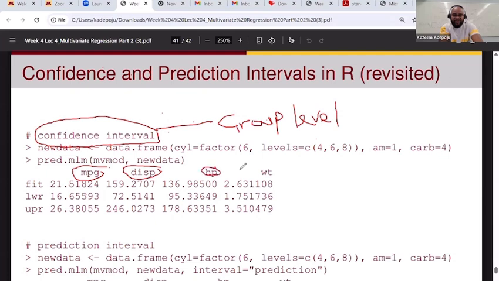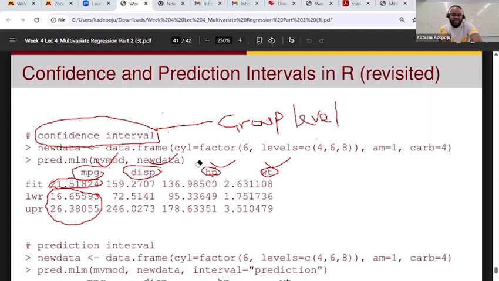You can see that for each of the response variables, this is a predicted value for the MPG, and this is going to be the interval, the lower bound and the upper bound. We're also going to have that for each of the response variables Y. So this is the one at group level, the confidence interval.